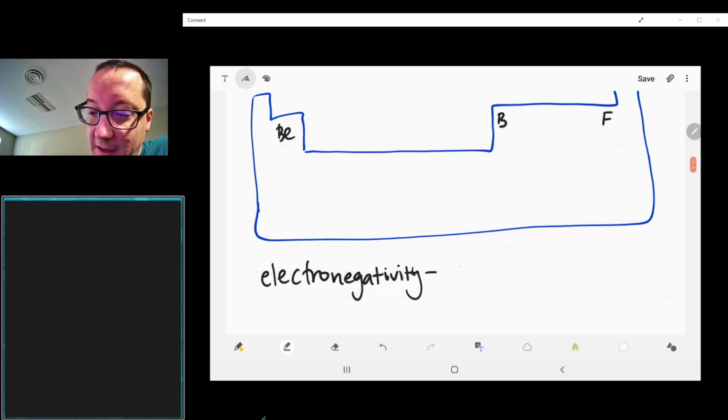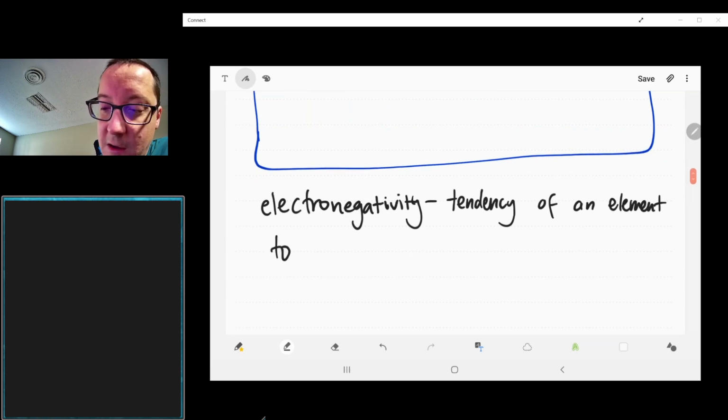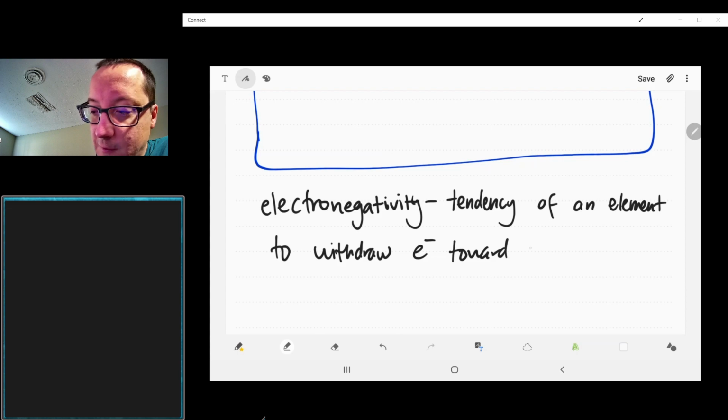Electronegativity means the tendency of an element to withdraw electrons toward itself in a covalent bond.